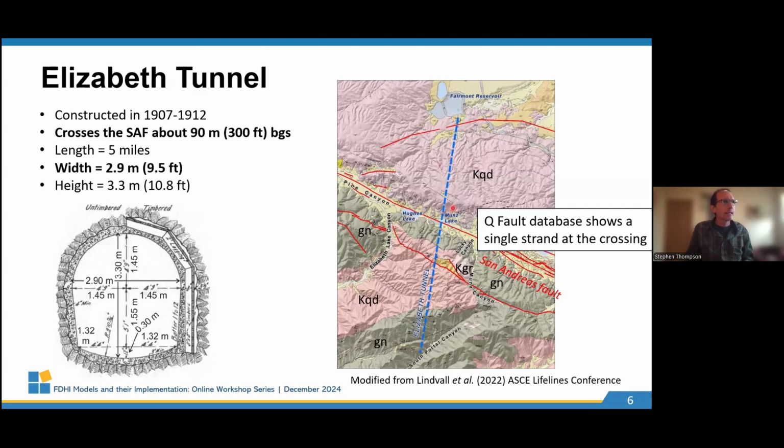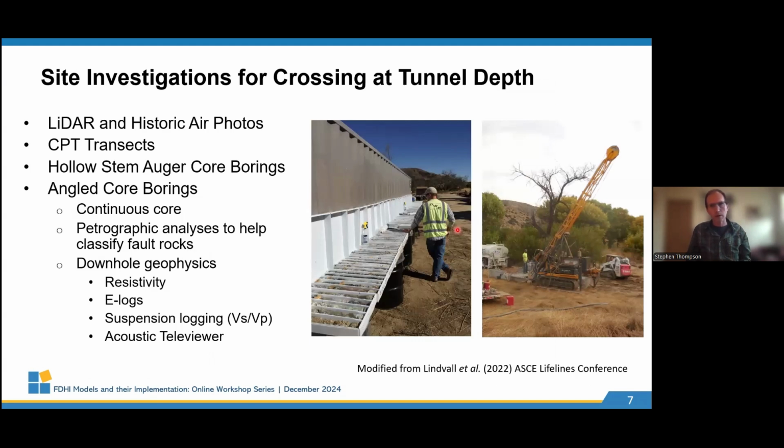Other information, again, the tunnel otherwise is crossing through mostly crystalline rock. And like I said, just recently, the quaternary fault database shows a single strand at the crossing, making it look like a very straightforward problem. So site-specific projects often involve very detailed site studies. They commonly include geologic information, geophysical information, geotechnical information.